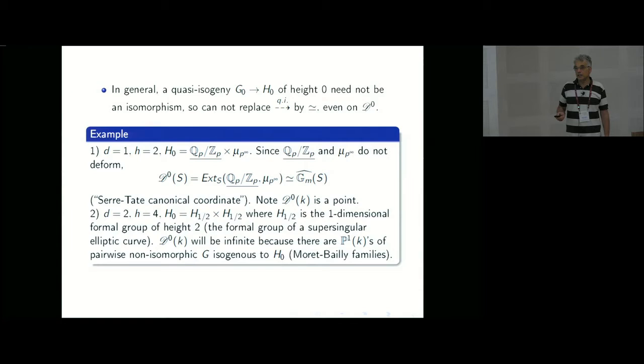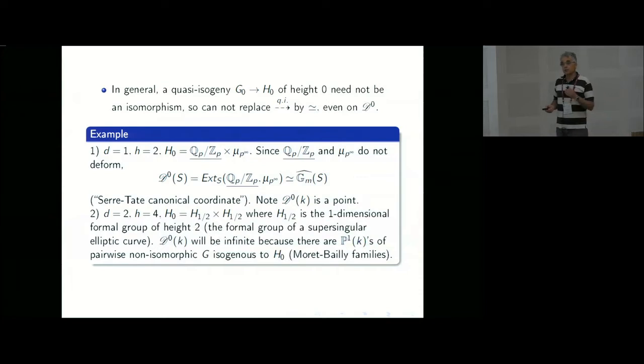For example, let d equal 1 and h equal 2, but let's take for H0 not the one considered by Lubin-Tate, which would be the formal group of a supersingular elliptic curve, but rather just the ordinary case, Qp/Zp times mu_p^infinity.